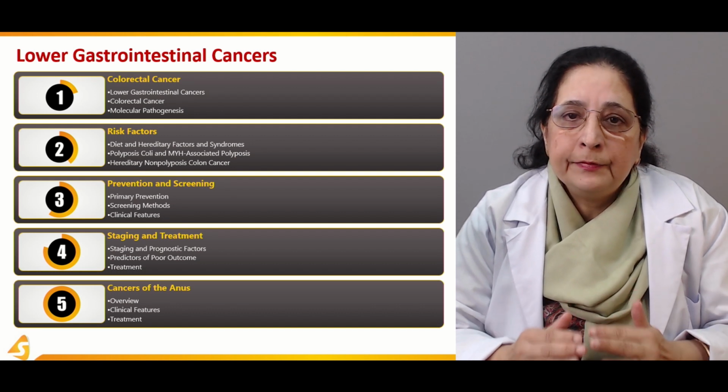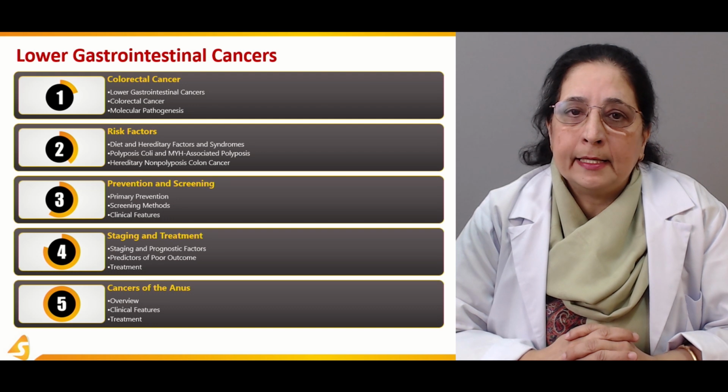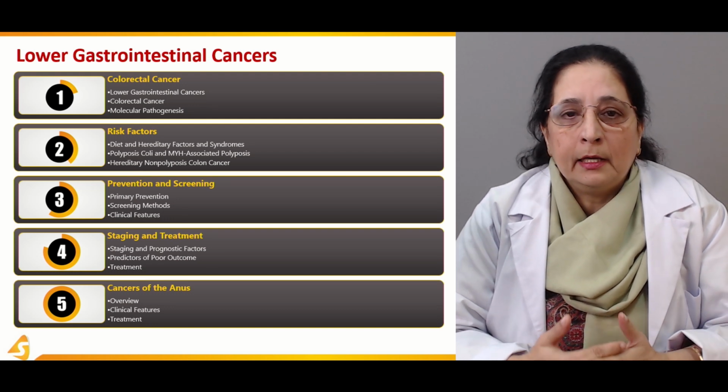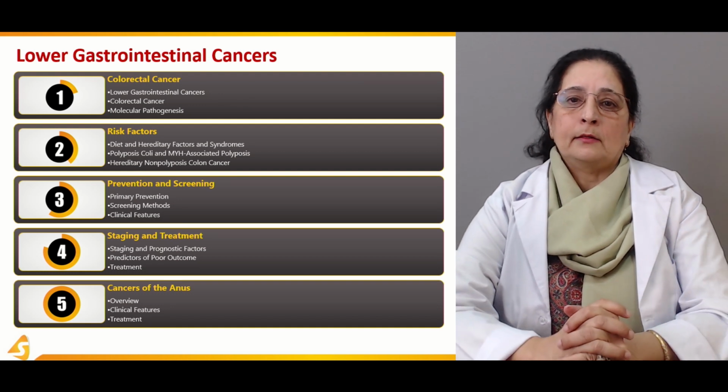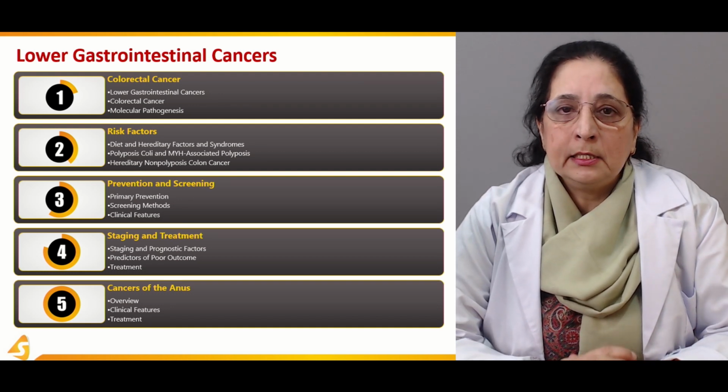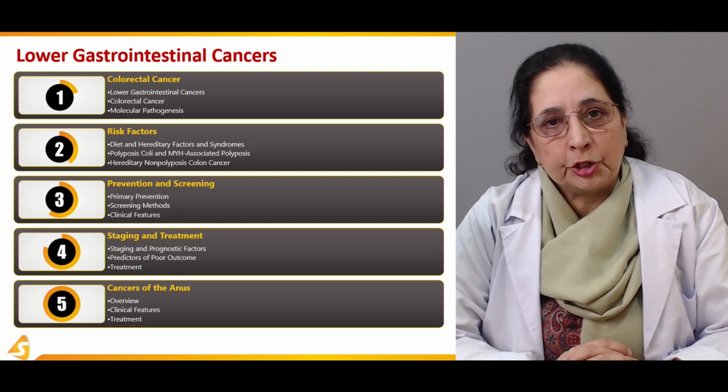So in the fifth section, we will talk about the cancer of the anus, clinical features and the treatment options for the cancer of the anus. So all this will be covered in today's lecture topic.